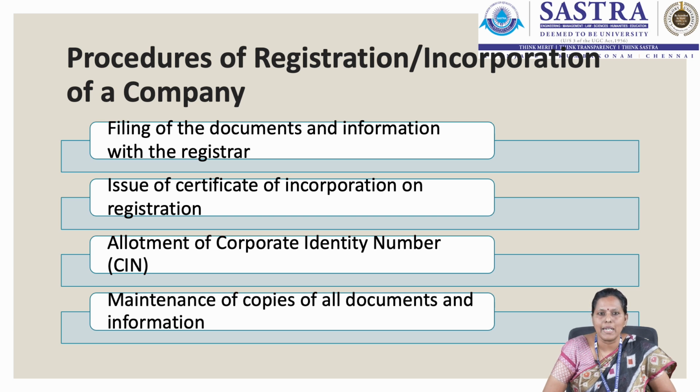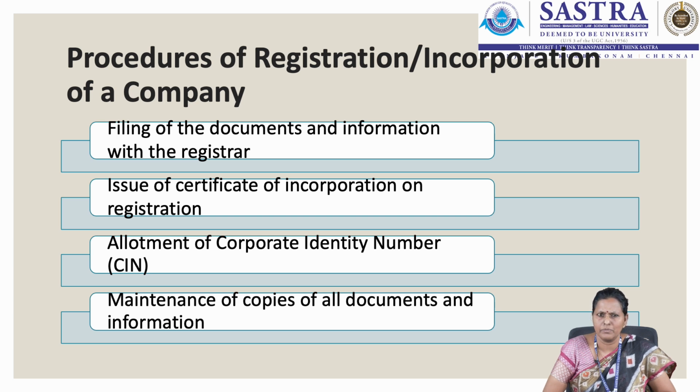And they should also make a declaration that whatever information has been provided in the memorandum of association and the articles of association is true to their knowledge and belief.